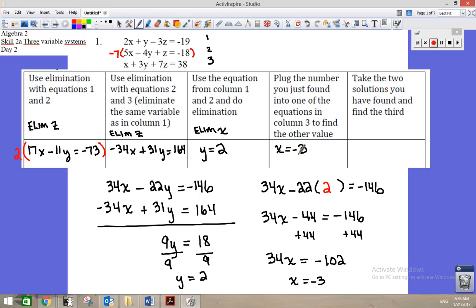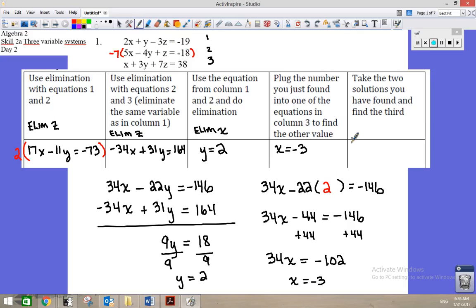So now we have x and y. Take the two solutions you have found and find the third. We can come back to the original equation and pick any one of these three variables. I would come back and pick equation 2 again, because I've got a 1z there.